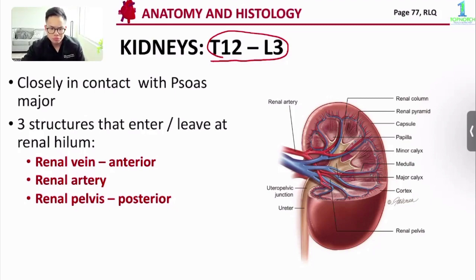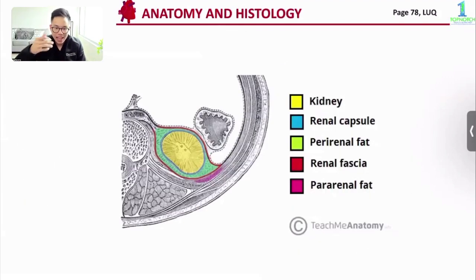Now, I also want to touch on the different capsules within the renal area. This is something that is quite annoying to study, but they do ask this. If you look here, the yellow portion that's highlighted is your kidney.